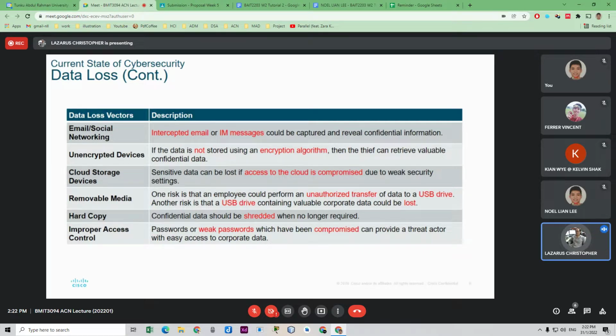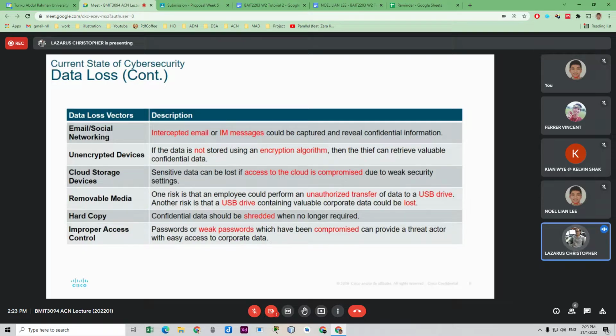Improper access control. Access control is when someone wants to access something, then you ask them to authenticate first, to decide whether you allow the access or not, right? So typically we use password. But password is, in general, not good, because people have difficulty remembering passwords, especially if all access requires you to enter a password.